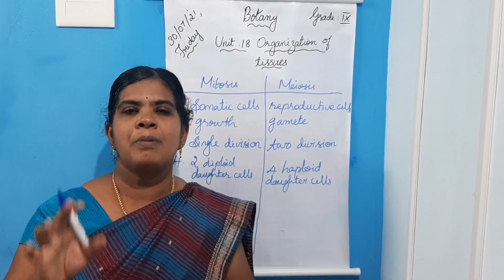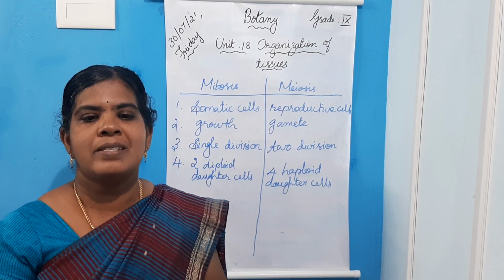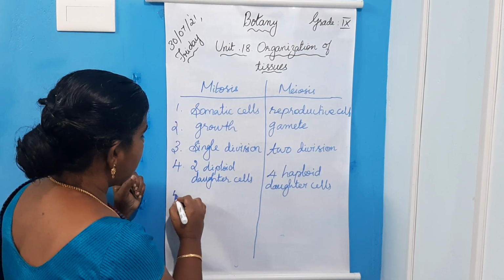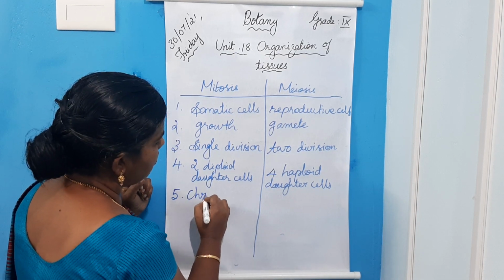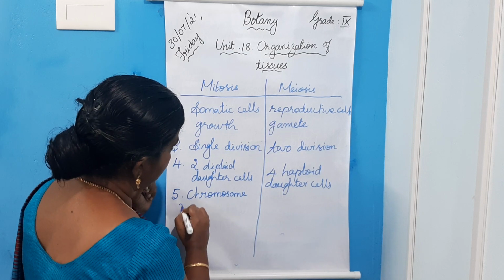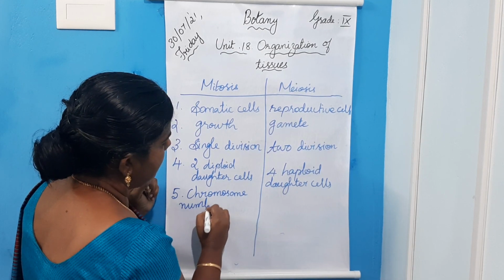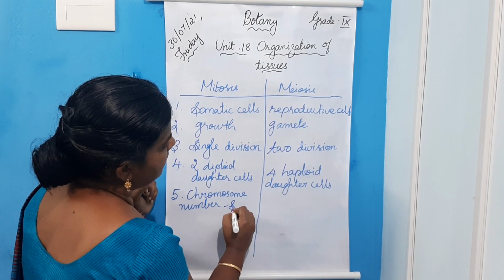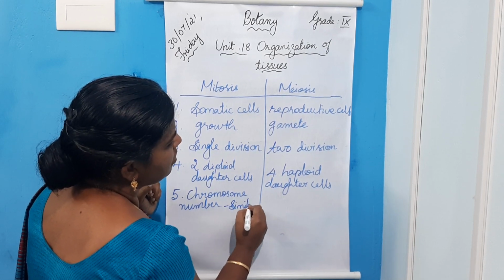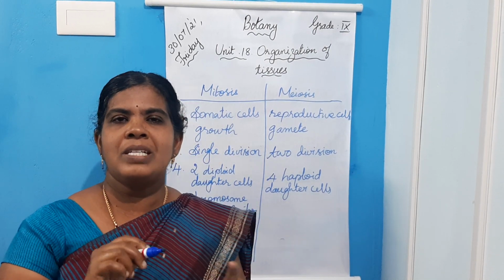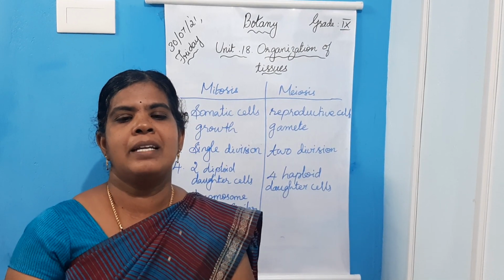The chromosome number in the daughter cells is similar to the parent cell.